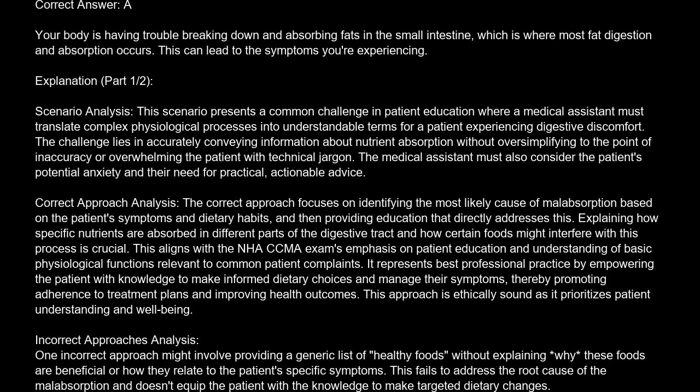This aligns with the NHA CCMA exam's emphasis on patient education and understanding of basic physiological functions relevant to common patient complaints. It represents best professional practice by empowering the patient with knowledge to make informed dietary choices and manage their symptoms, thereby promoting adherence to treatment plans and improving health outcomes. This approach is ethically sound as it prioritizes patient understanding and well-being.